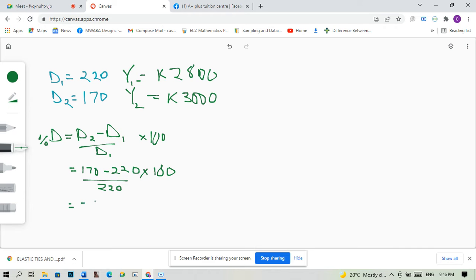If we round it off to 2 decimal places, we get negative 0.23 times 100, which gives negative 23%. So the quantity demanded reduces by 23%.